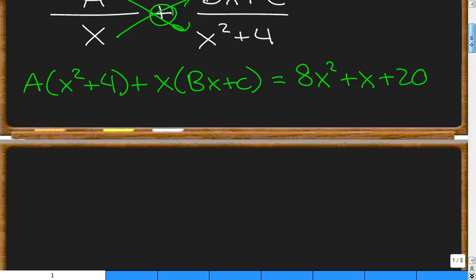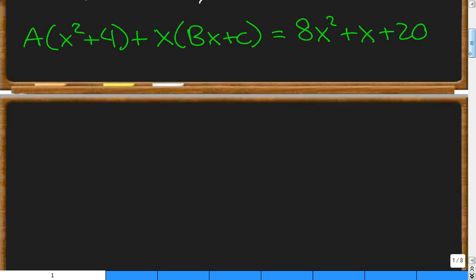Okay, so we want to try our best to figure out what our A value is first. That's very, very key. We cannot pick an x value that makes this 0, but we can make an x value that makes this 0, and that would be just 0.